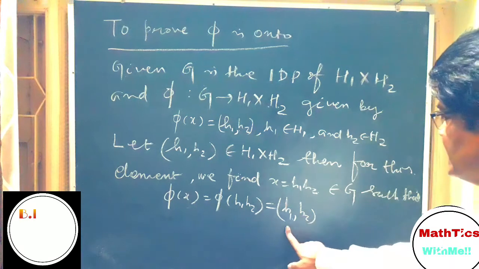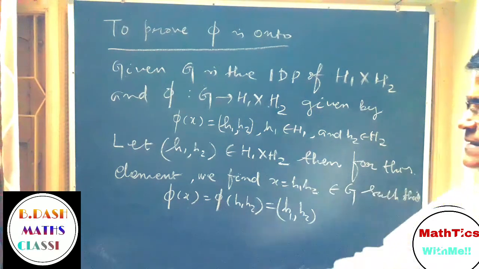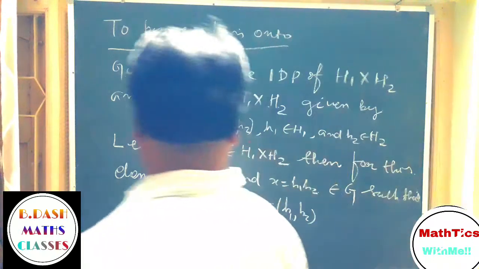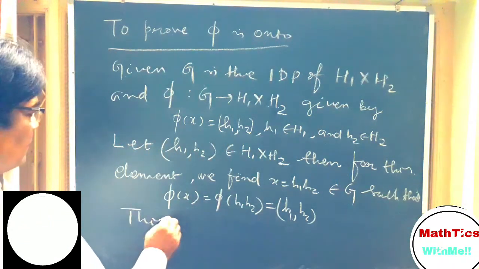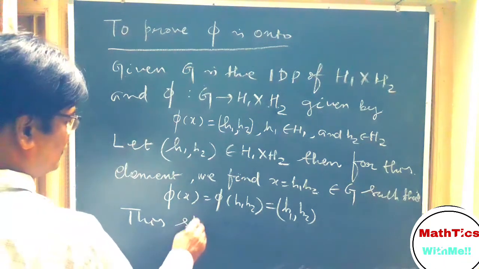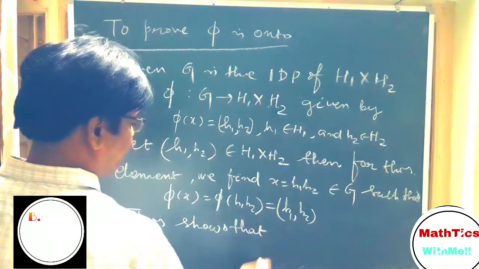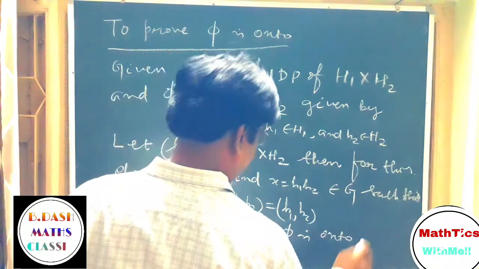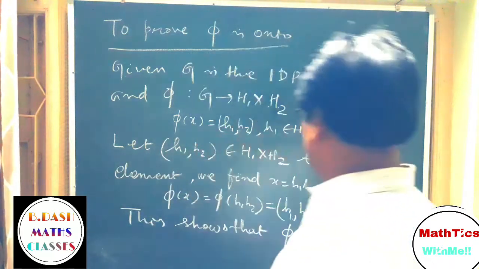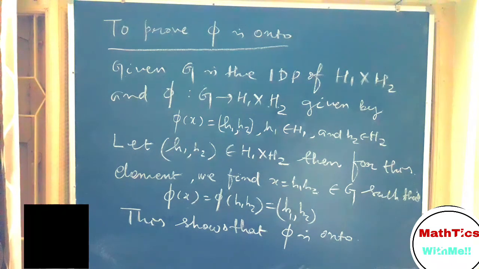So for this element in the product set, we get x in G. This shows that phi is onto. Now the function phi is onto, and that we have proved here.